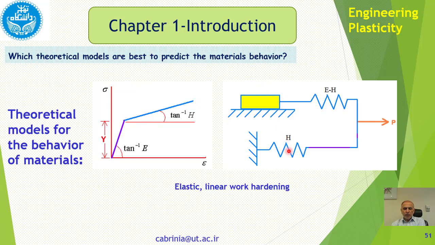These springs represent elastic deformation because when we release the load, these springs go back to their original place. But once we move this block and release the load, then this block won't go back to its original place. So that's why it models the plastic behavior.